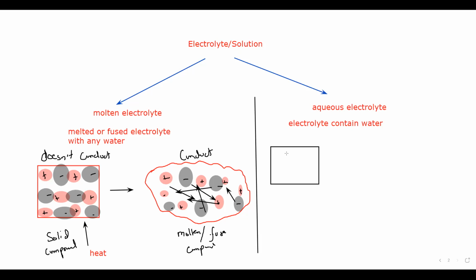The ionic compound has a lattice of positive and negative ions held together by strong force. So this is positive, negative, and so on. This is an example of a solid ionic compound.